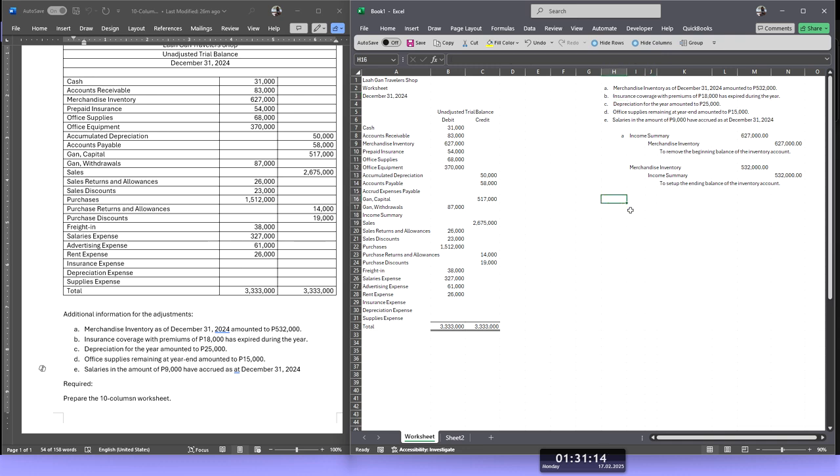So the adjusting entry is very straightforward to record the insurance expense portion, which is already given, and that is 18,000. So no need for computations.